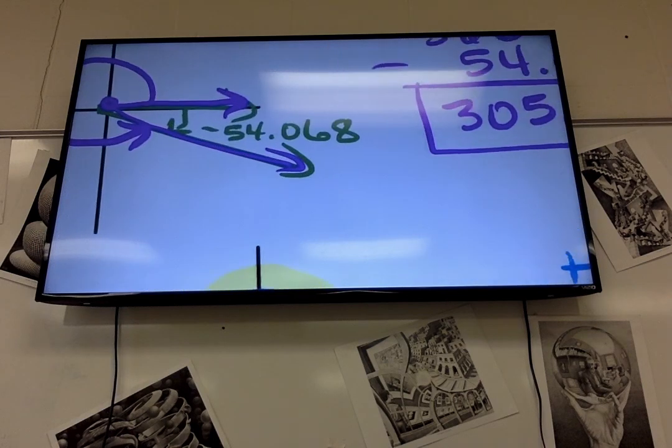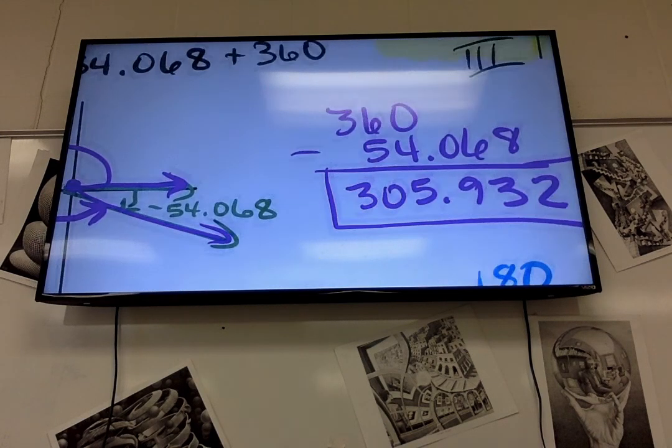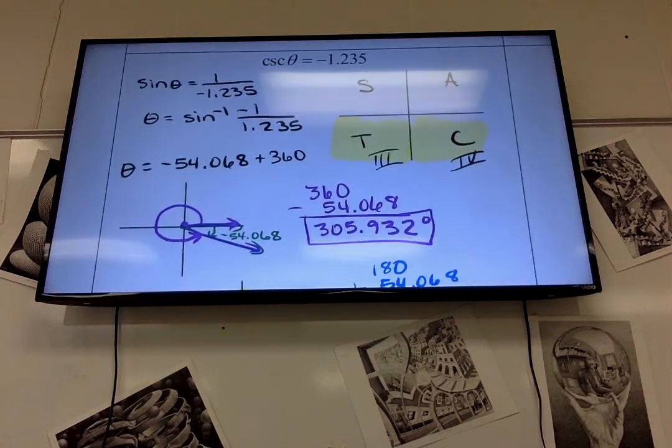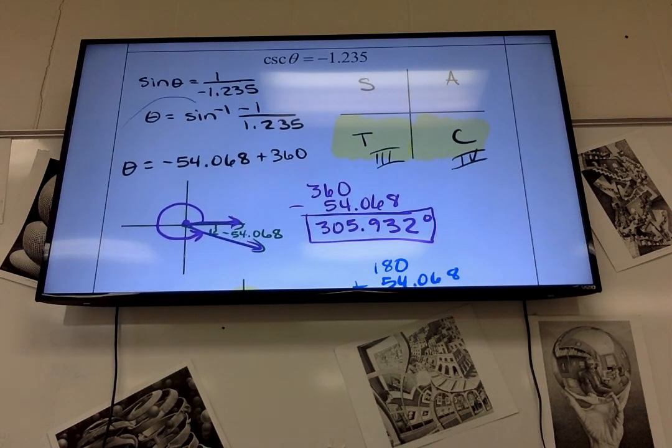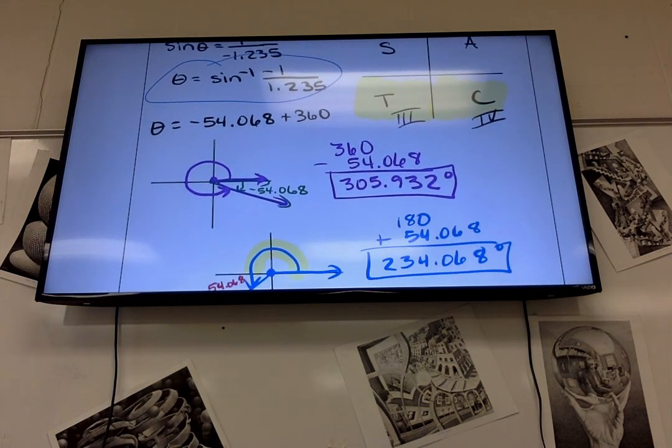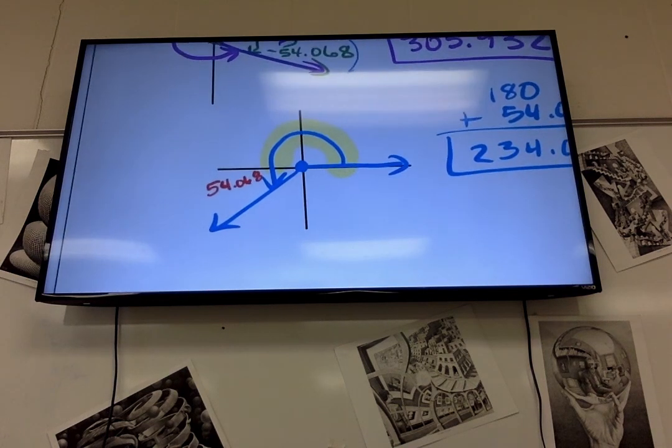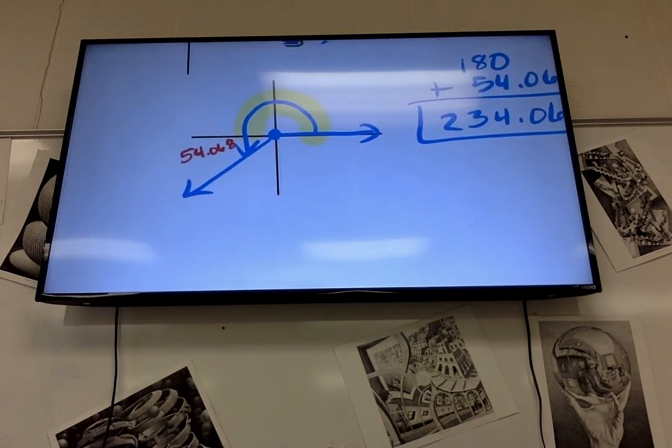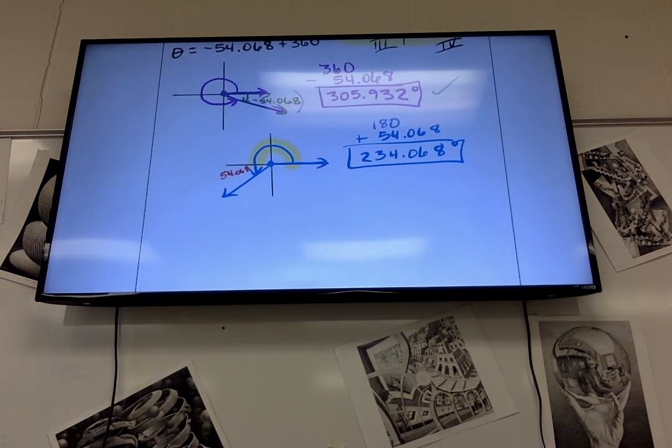The only reason I labeled it negative here is because that's what my calculator gave me, and that was just to help me know what it looked like on the graph. If you put a negative there, it wouldn't necessarily be wrong. It just, because our answers are just those two, it had to be between 0 and 360.